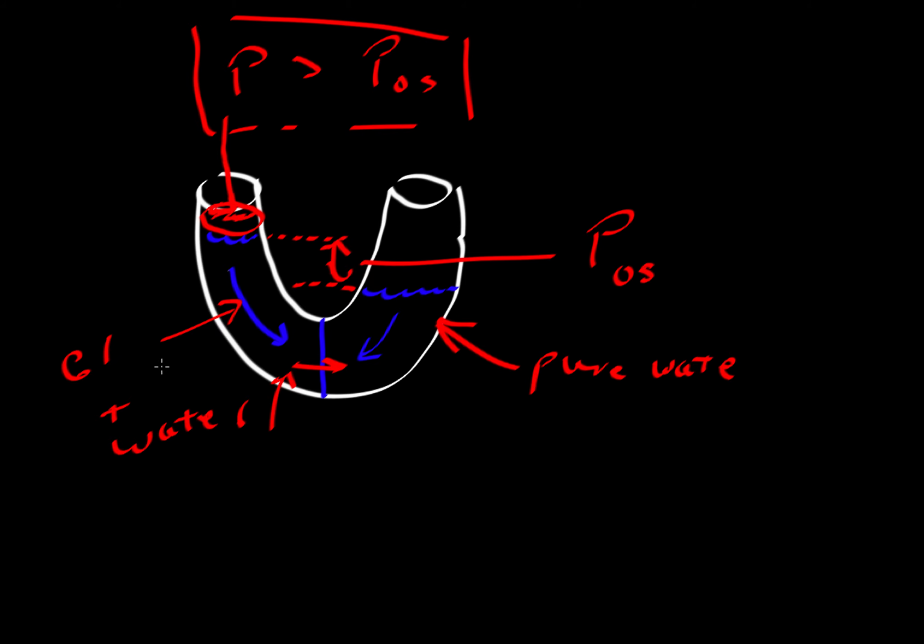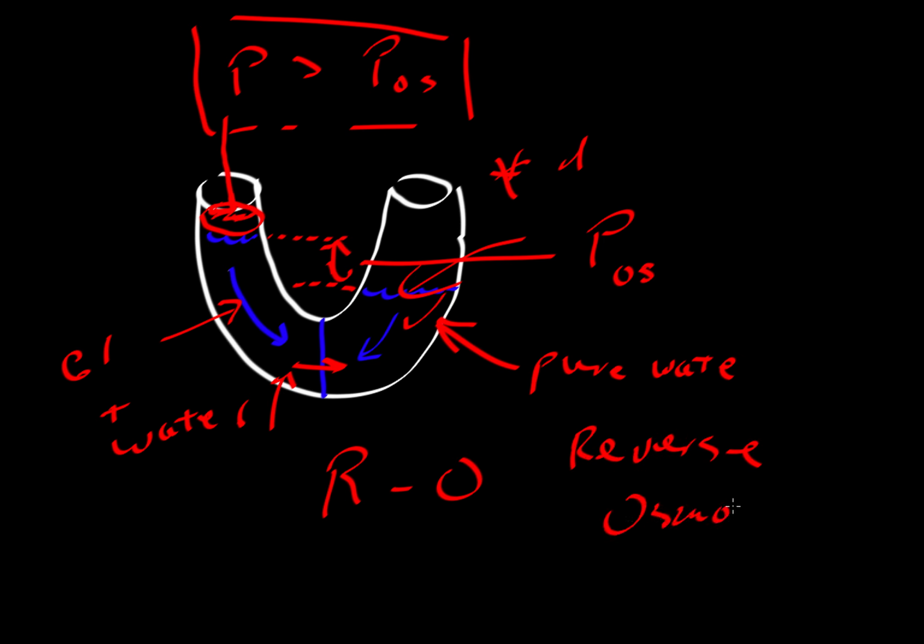We don't want glucose in our water for whatever reason. And so we take the pressure on this side, we increase it to greater than osmotic pressure, and then we get pure water over here. So put a little star or a happy face. This is what we want. We want purified water. So if you have a so-called RO system, that is also known as reverse osmosis.